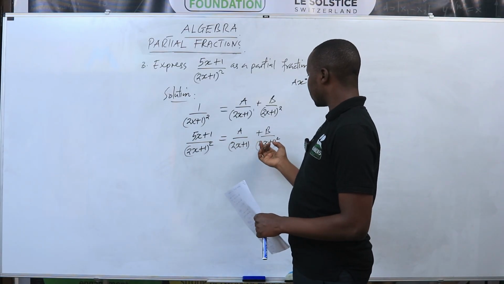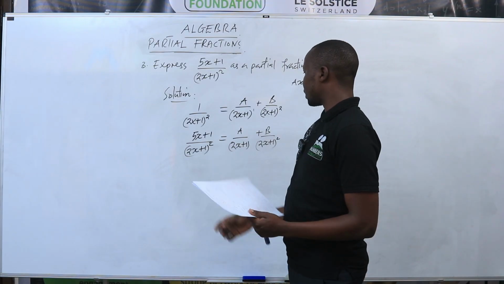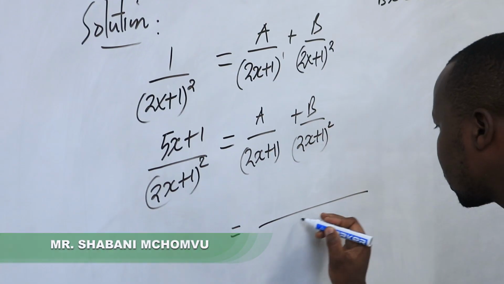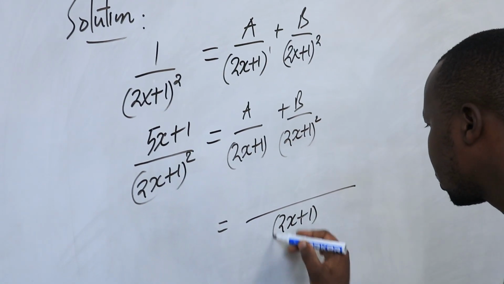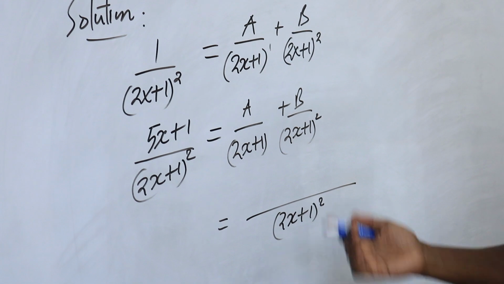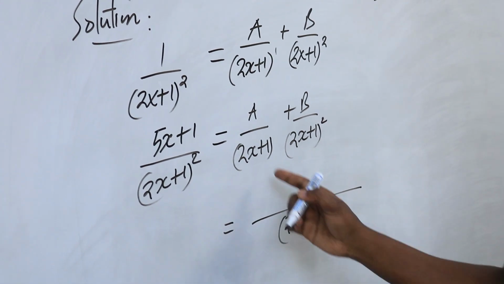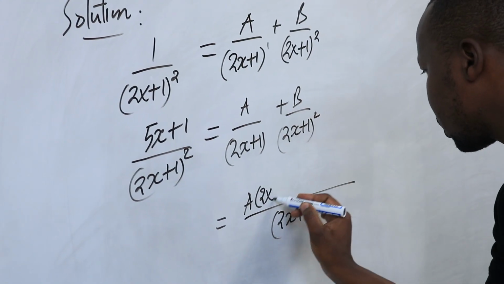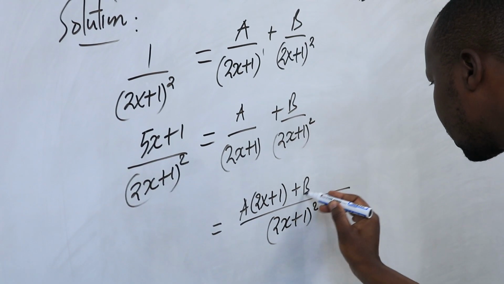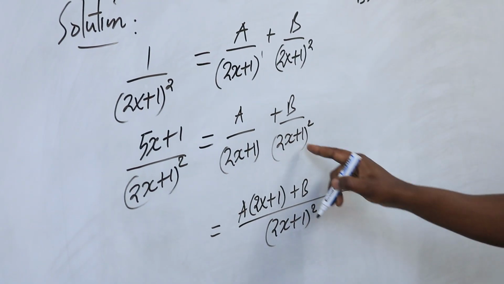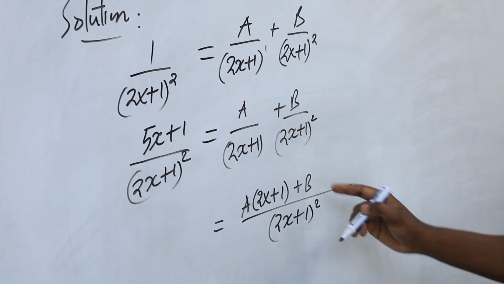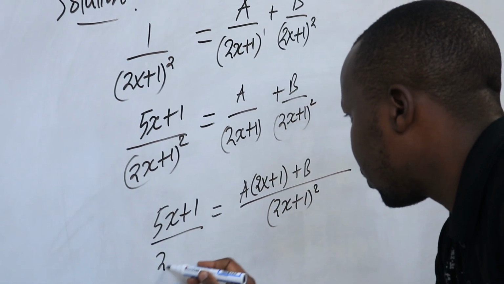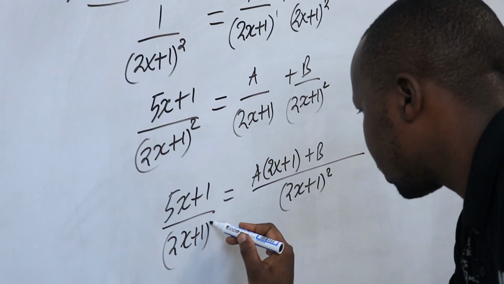The LCM will be (2x + 1)², because we have the same factor that is repeating. So when we divide this by that, it becomes A times (2x + 1) plus B. When we divide this one by that, it is 1, 1 times B, now we get B.